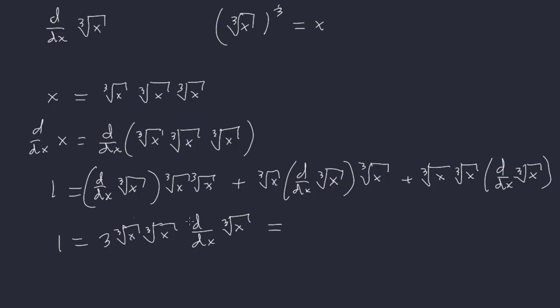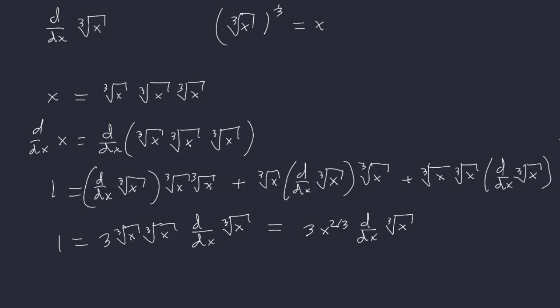I'm going to rewrite this as 3 times x to the 1/3 times x to the 1/3, which is x to the 2/3, times the derivative with respect to x of the cube root of x.